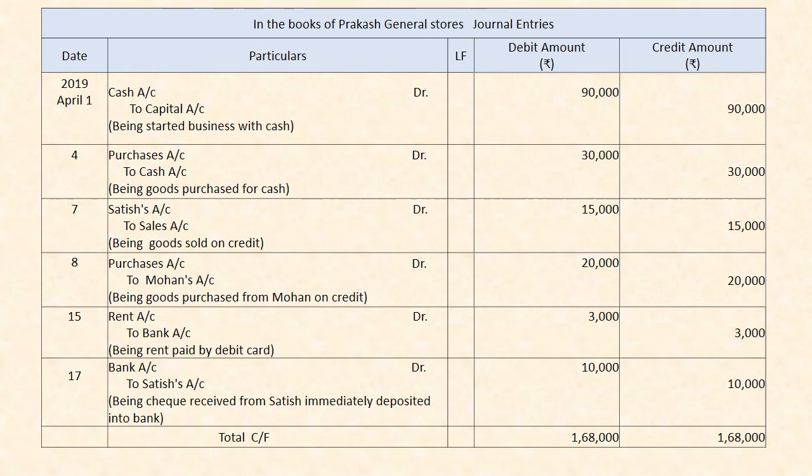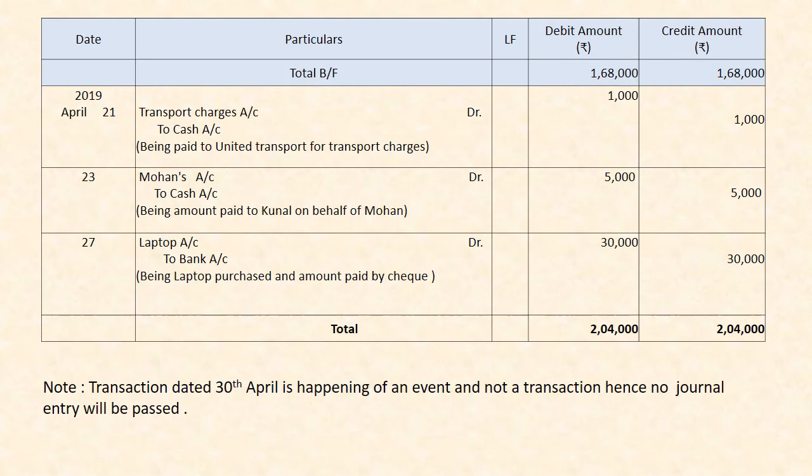The next page begins with the total brought forward or brought down from previous page. So, total brought forward from previous page is 1,68,000.